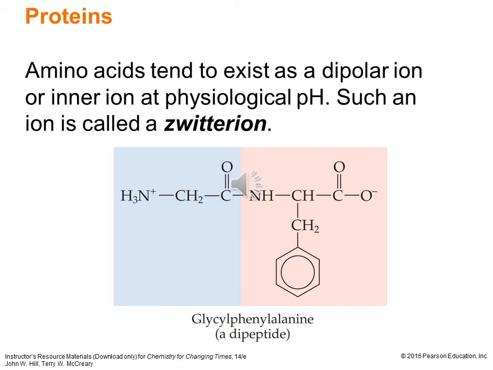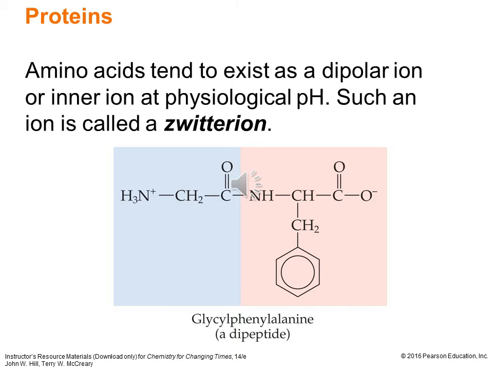As we see, that amino terminus, the amino group on the one end, has been protonated to form an NH3 plus, and then the carboxylic acid on the other has been deprotonated to form a carboxylate ion.